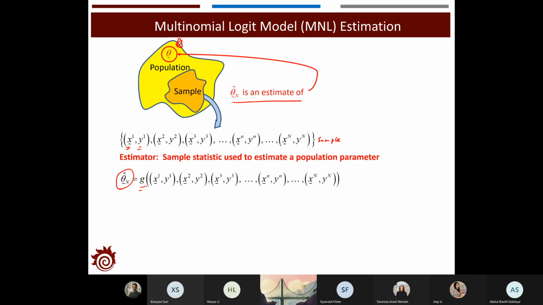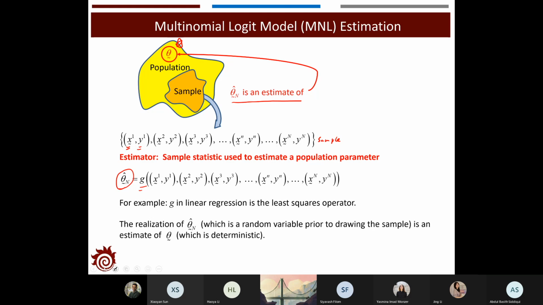For the linear regression, as we all know, if G is a linear regression, then that should be the least squares operator. But for our problem, it's more complicated. Also, the realization of the theta hat is just the calibration method.